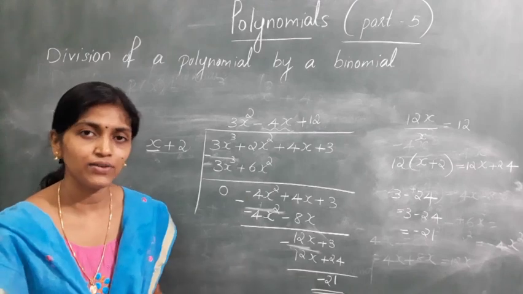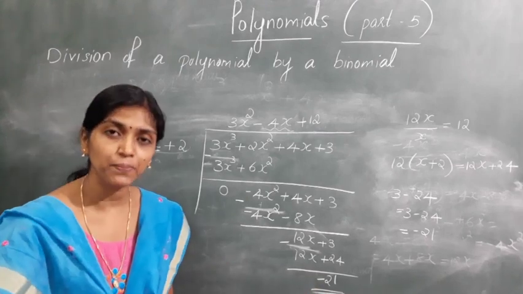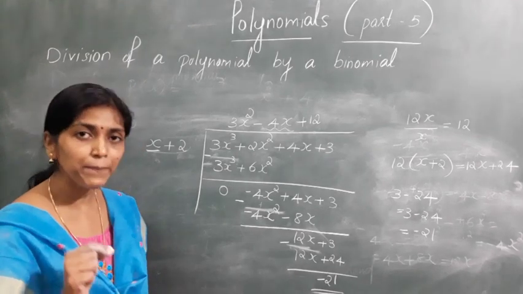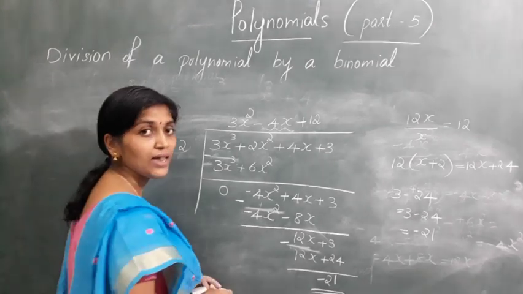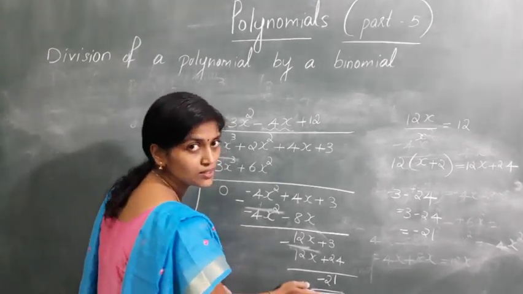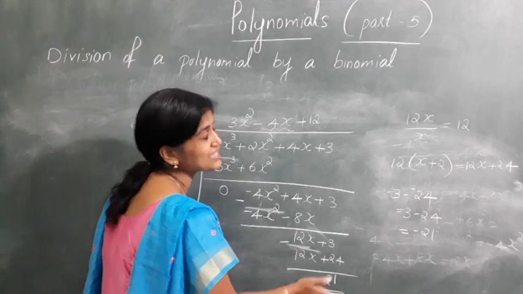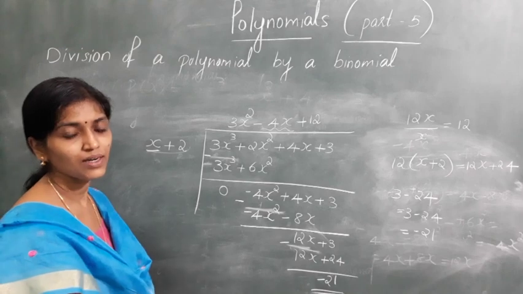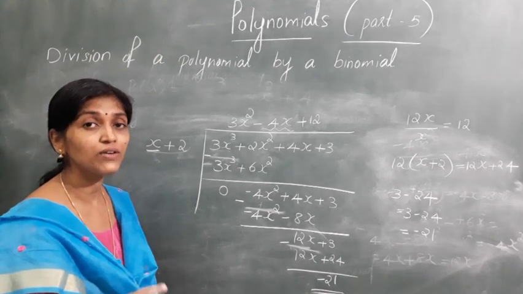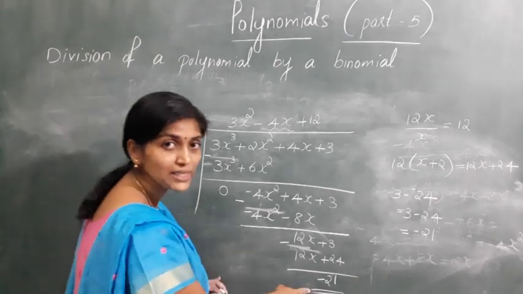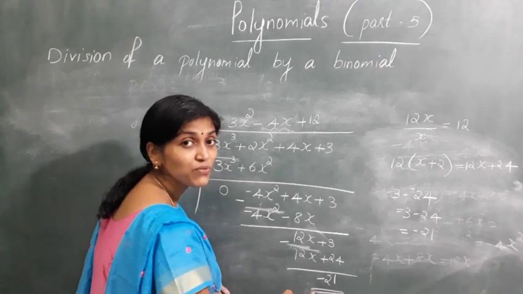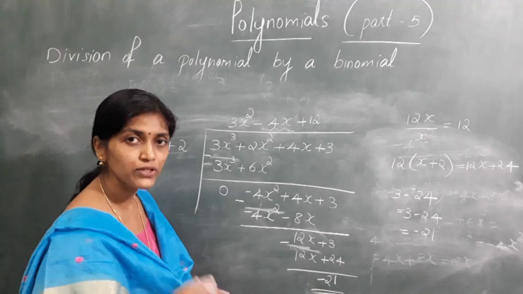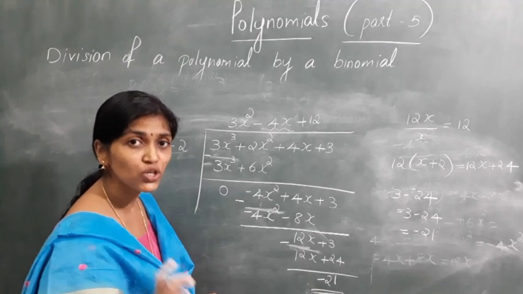Now again you will have confusion about where we stop the division. For a polynomial, we stop the division when the degree of the remainder becomes less than the degree of the divisor. Clear to you? Here the remainder we got is a constant term. We studied what is the degree of a constant term. It is 0.